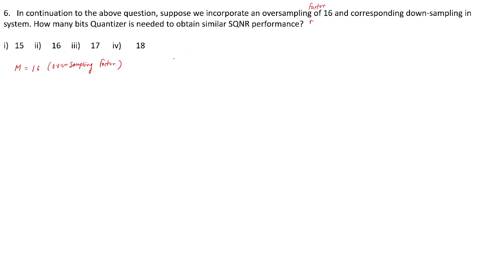So our process is like this only. We are feeding this xc(t) to a C2D converter with some sampling rate, which is an oversampling factor of 16.